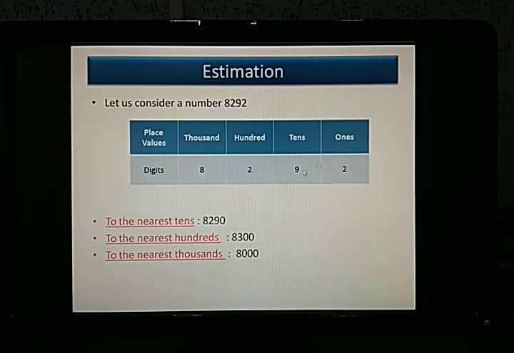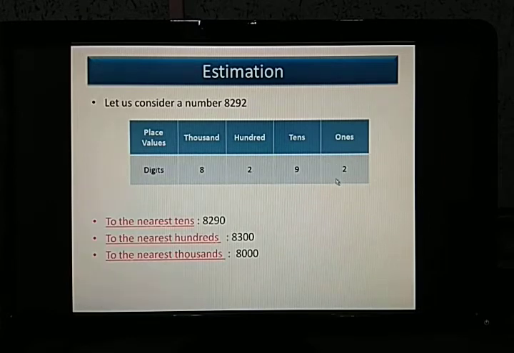According to the rule, we have to find the nearest 10, so we have to round off this number. For rounding off, you have to see the corresponding lower place value. In the lower place value we have 2. According to the rule, if the lower place value is less than 5, the number which you have to round off remains unchanged.